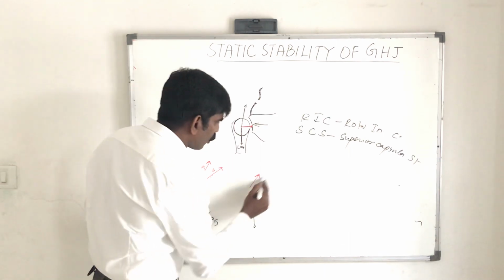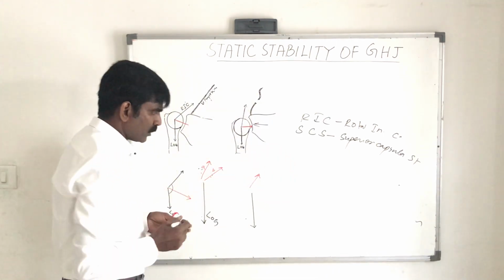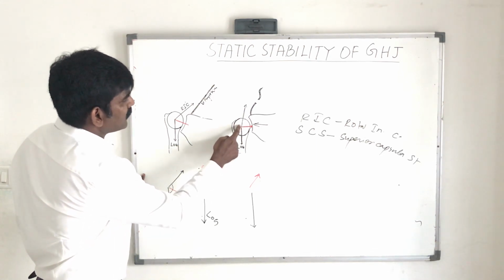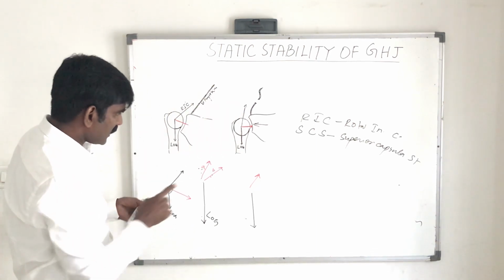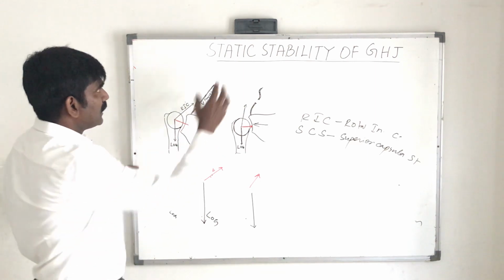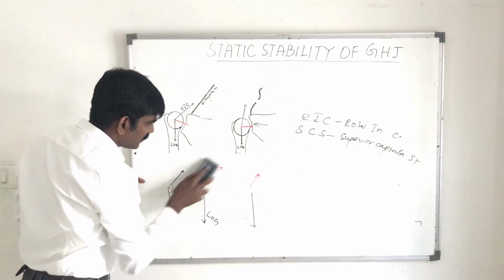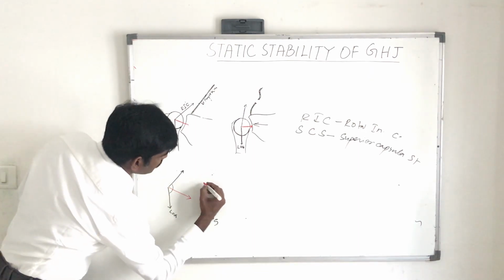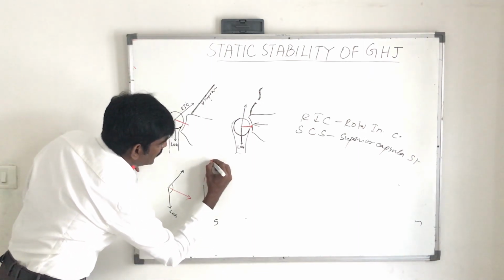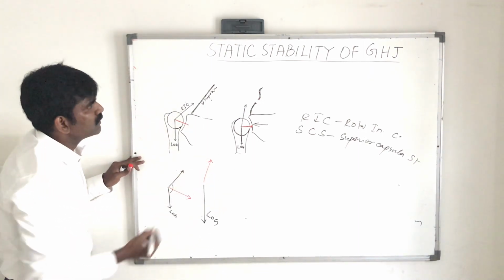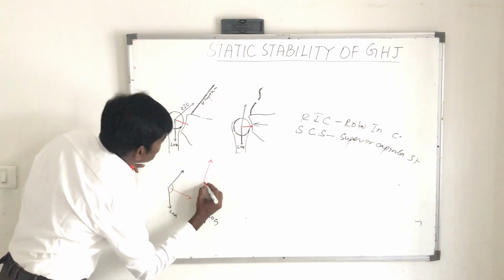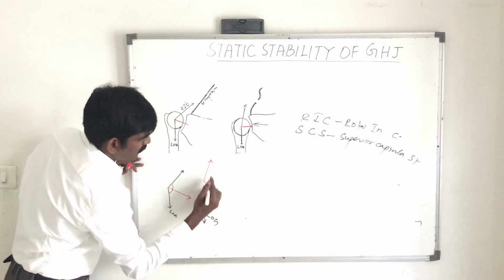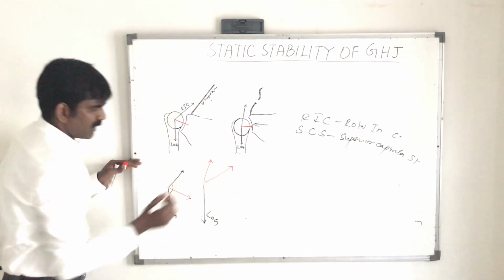So now there are no other forces acting. What will happen in this case? The angle is changed. Clear? The angle is changed. I'll be more specific here. Imagine one force, RIC, is acting in this direction, and the stabilizers are acting in this direction.